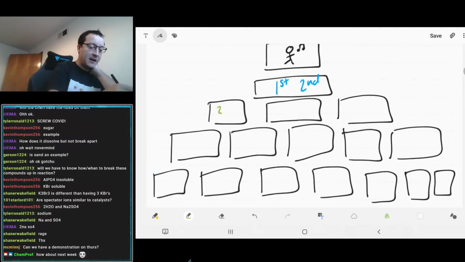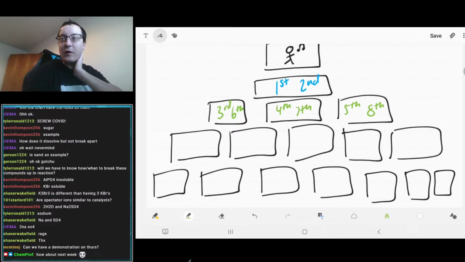We're going to have the third person here, fourth person here, fifth person here. Maybe we can squeeze some more in back here as well. And so on and so forth.